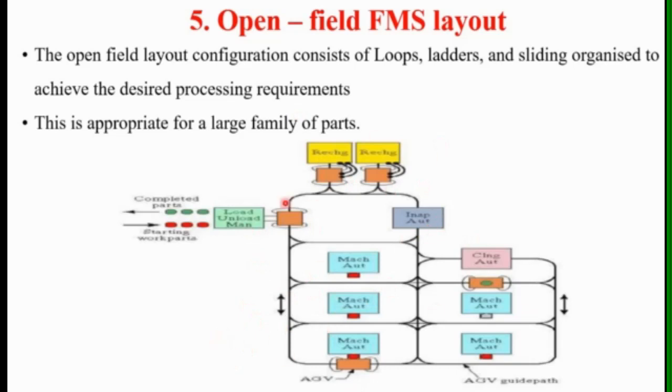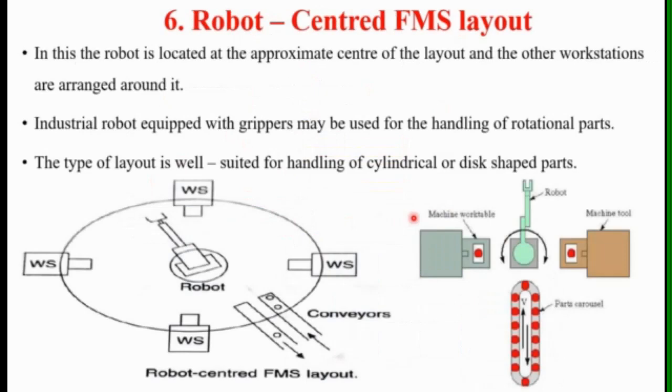So loop systems and ladder systems are also configured in the same system, and this is appropriate for a large family of parts, or in mass production, this type of flexible manufacturing system layout is used.